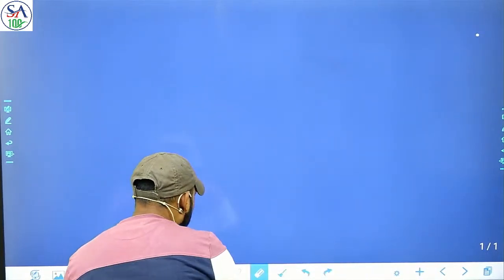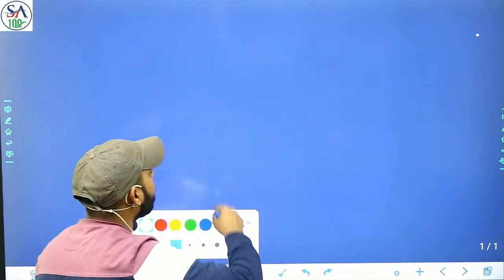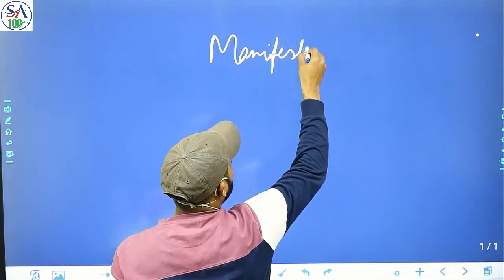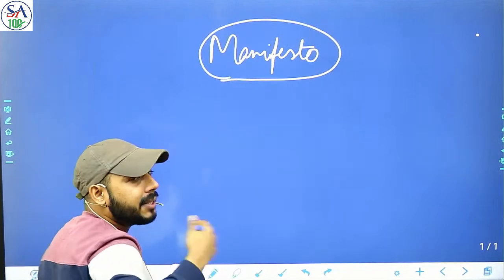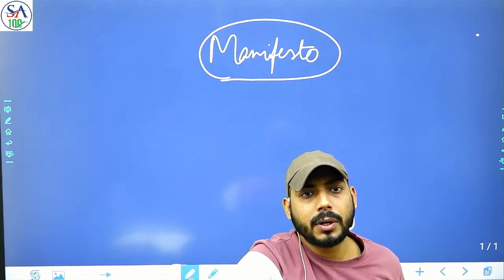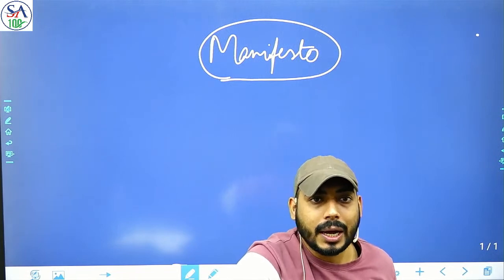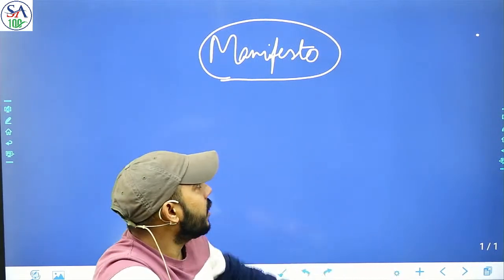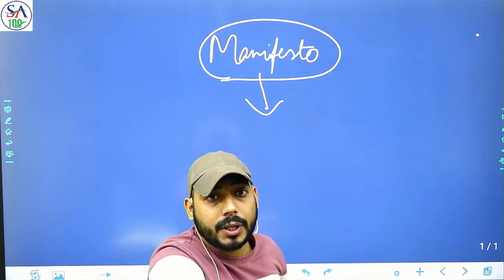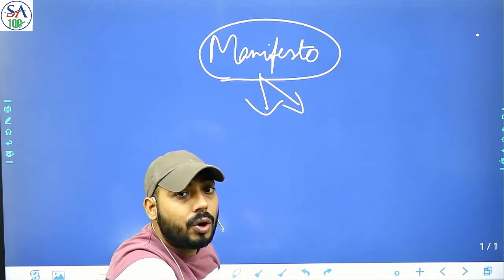So what do the political parties do? They bring a manifesto. In that manifesto, they present what policies, principles or targets they have for governance if they come into power. And after coming into power, it acts as a guideline for them, a principle that they have to follow in governance or in lawmaking.